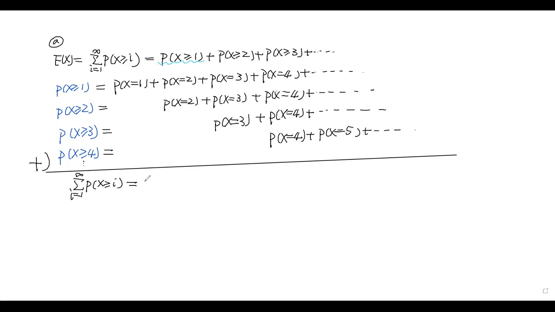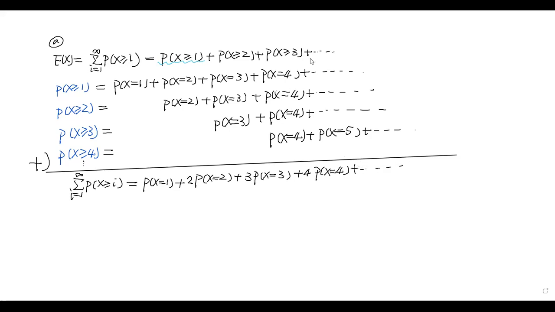So what do we have? One times the probability x equals 1. How many times do we have x equals 2? You have 2 times the probability x equals 2. How many x equals 3? You have 3 times the probability x equals 3. Then how many 4? You have 4 times the probability x equals 4, and so on.